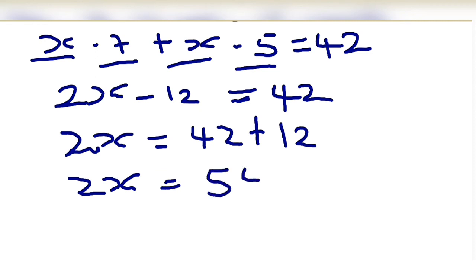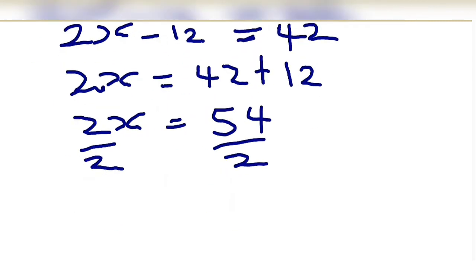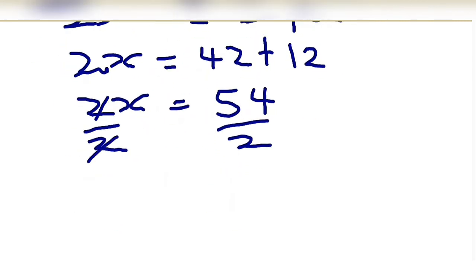We divide both sides by 2. Meanwhile 2 divided by 2 is 1, and 1 times x is x. 54 divided by 2 is the same as 27.